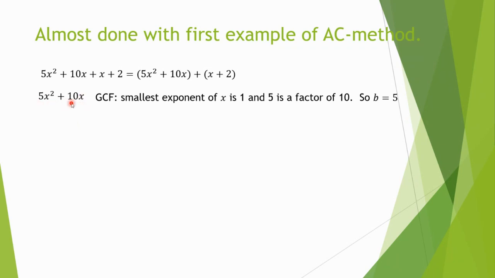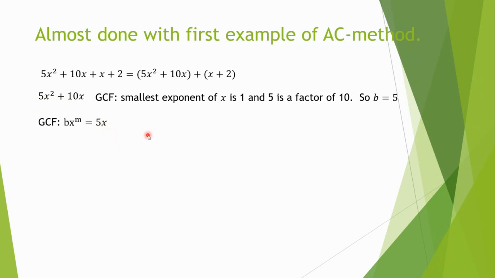Since 5 is a factor of 10, the greatest common factor among the coefficients here is 5. Our GCF then is 5x. We take m to be 1, and b is going to be 5.